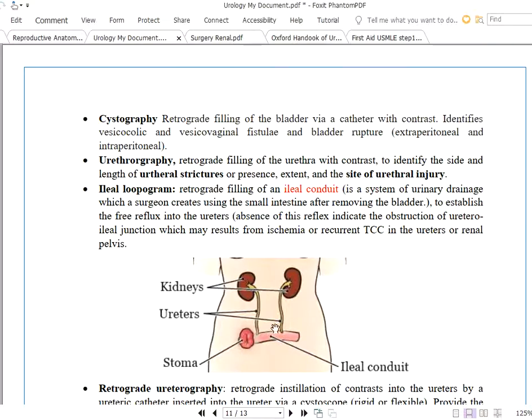This is what an ileal conduit is. It's just a part of the small intestine that has been connected to the ureter. As we do this examination, we inject the dye, and there will be dye which moves up in the ureter.